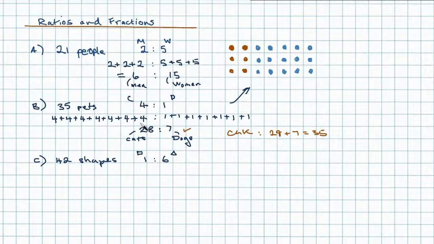Well, I can use algebra to do it, because if I think about this algebraically, I don't know what this number is, so for the unknown let's use S. So some multiplier S times how many parts I've got, 1, so it's 1S, plus the same multiplier, S, times 6, so 6S.